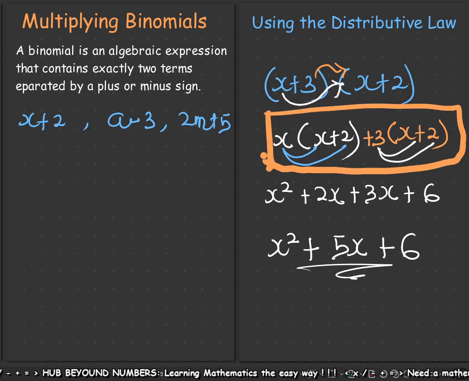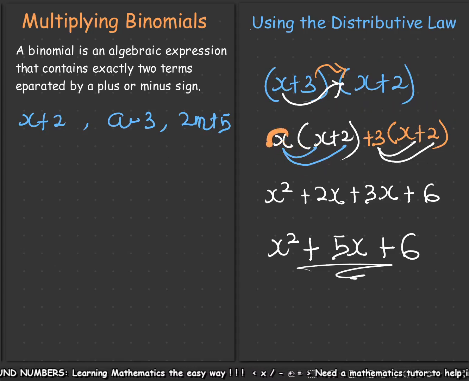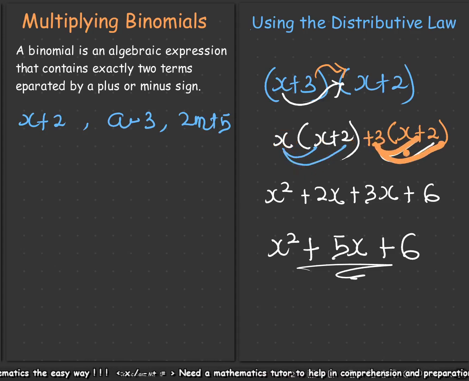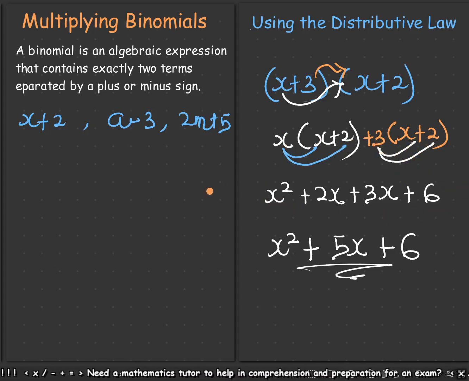After that, you use the term outside the bracket to multiply each term inside the bracket. Same applies to the 3, and that gives you this here, which is left to be evaluated.